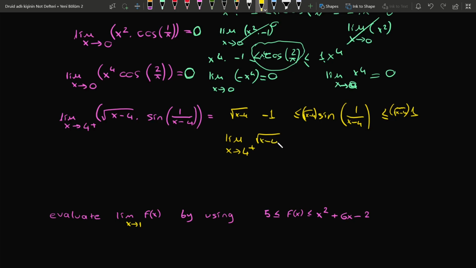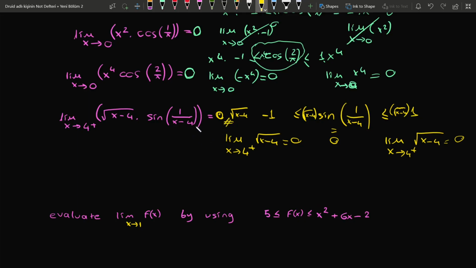As we said, it doesn't matter if we approach a value from left, right, or infinity. If the squeeze theorem is working, we can use it. We can clearly see that this is 0. This is also 0. Therefore, without using algebra or limit rules, we can say that this is equal to 0 as well.